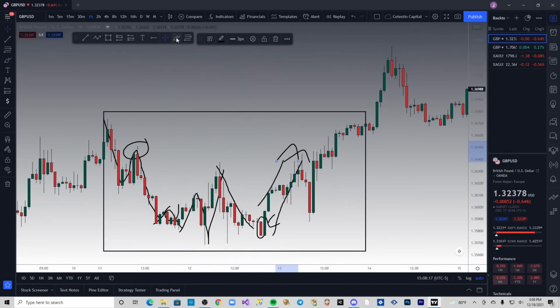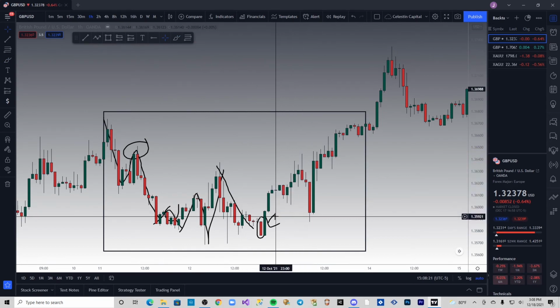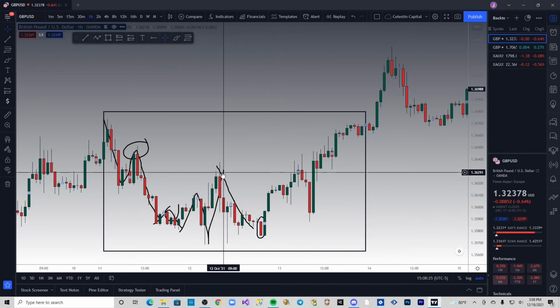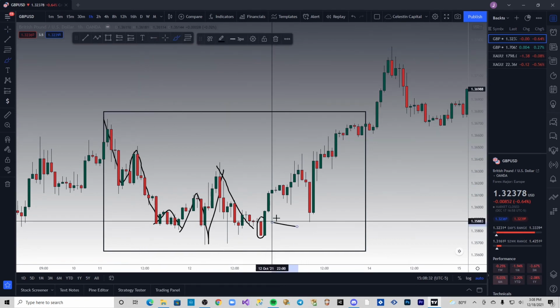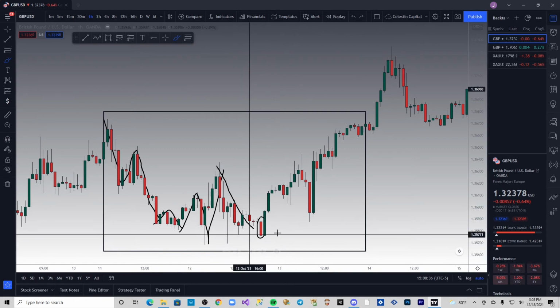So we are expecting the Composite Man to come back to this area to close out orders before continuing to the upside. We see this down candle right here that we expect the Composite Man to come back and mitigate.